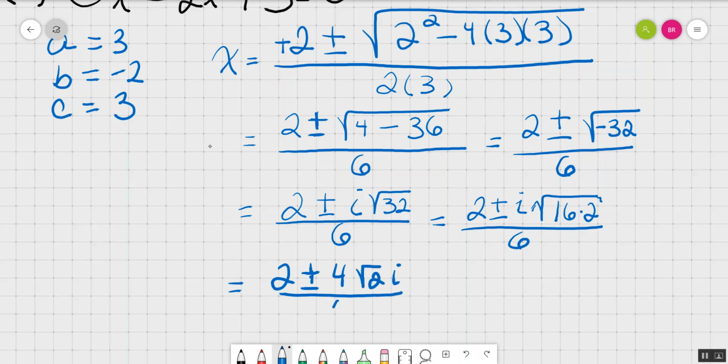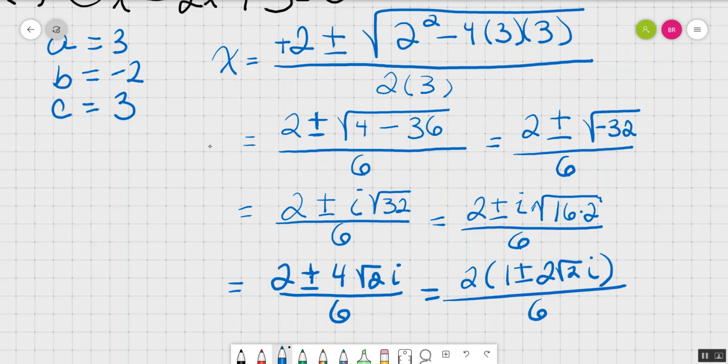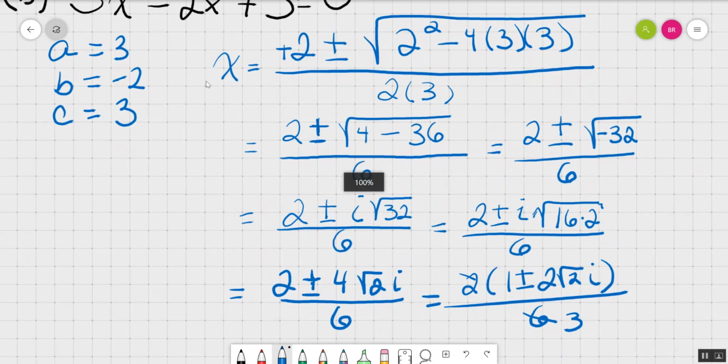Ew. Couldn't get any nicer than this. Aha, everything here is even, so I can factor a 2 out of my numerator. Get 1 plus or minus 2 square root of 2i all over 6, and I can reduce that down to a 3, but that's as nice as we're going to get. Did not want to do that.